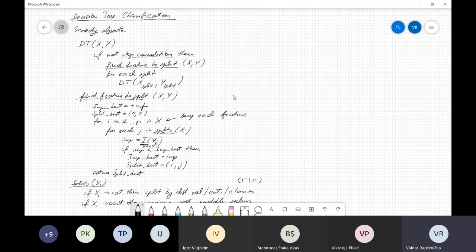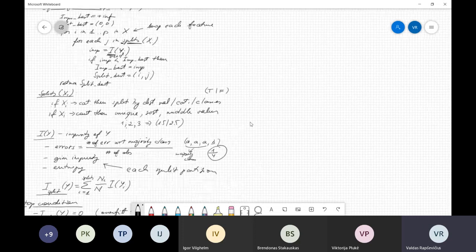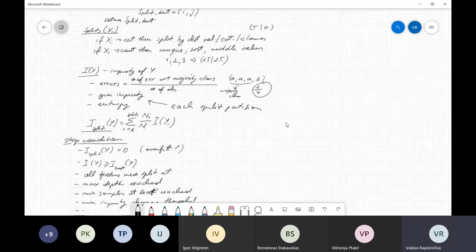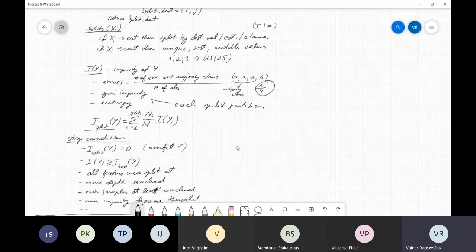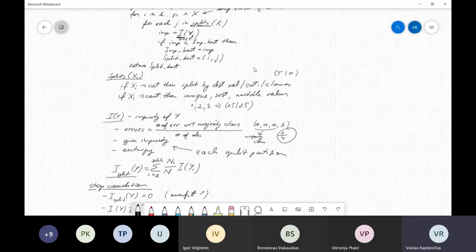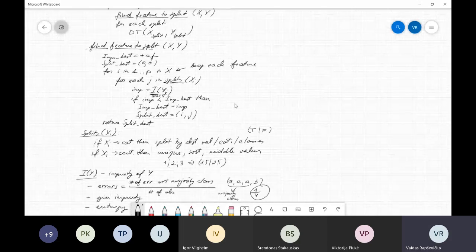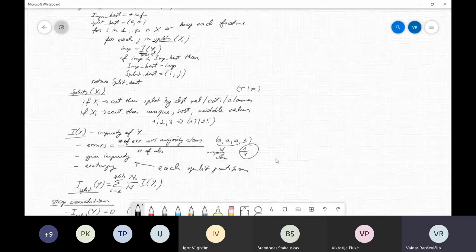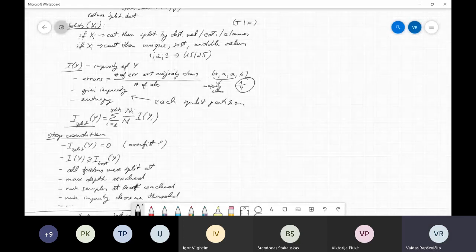Victoria, you're asking whether this goes only for binary problems. You mean the decision tree, I guess? No, you can do it for multiple class problems as well. You just find the best one, and anyway, you will be looking into the majority class.